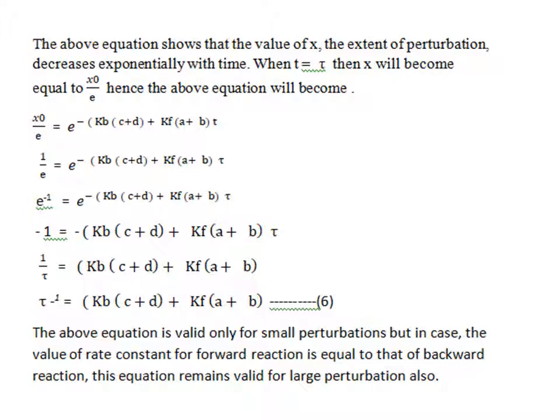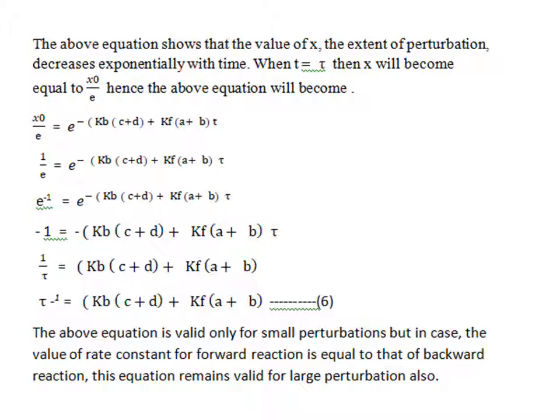We can write it as e to the minus 1 is equal to e raised to the power minus kb into c plus d plus kf into a plus b into tau, or minus 1 is equal to minus kb into c plus d plus kf into a plus b into tau, 1 over tau is equal to kb into c plus d plus kf into a plus b, or we can write it as tau inverse is equal to kb into c plus d plus kf into a plus b.